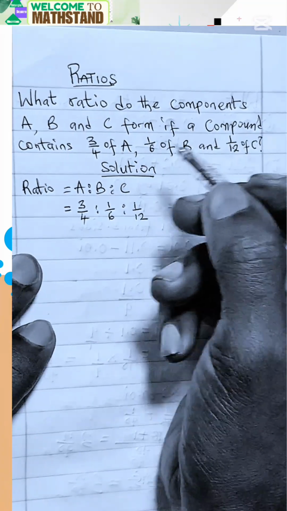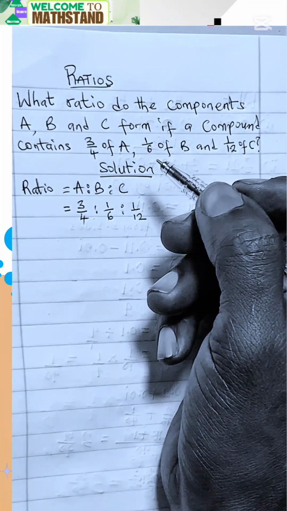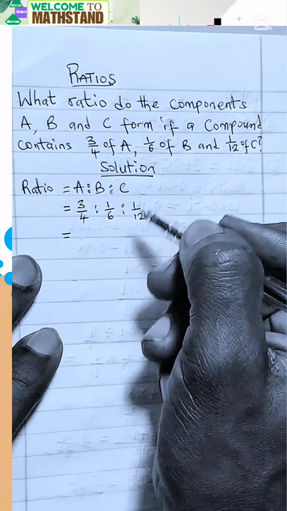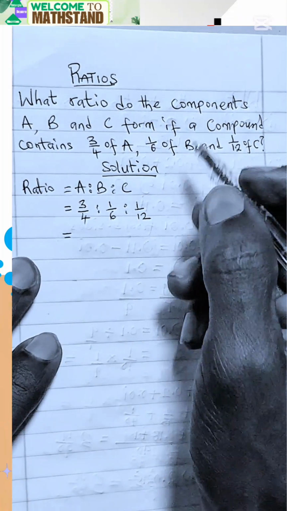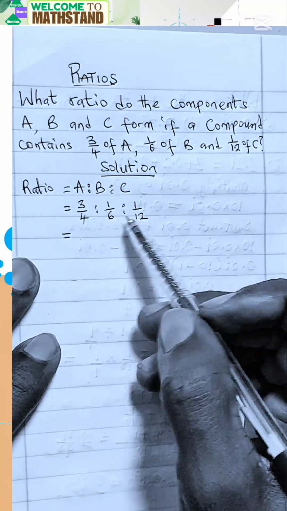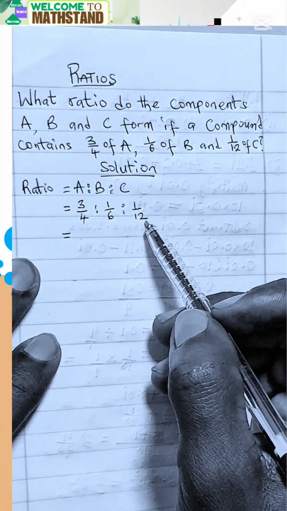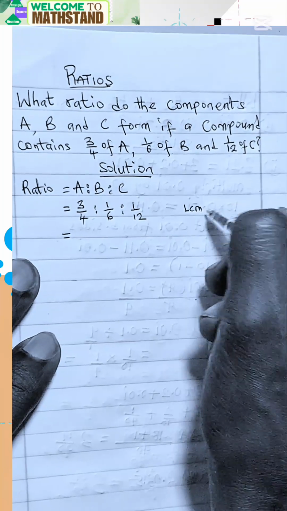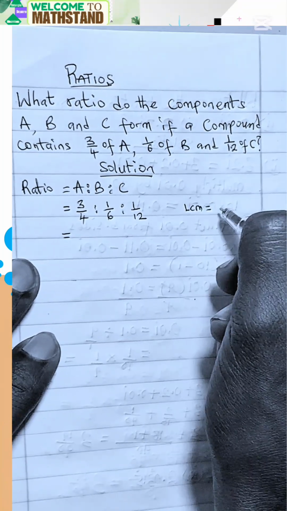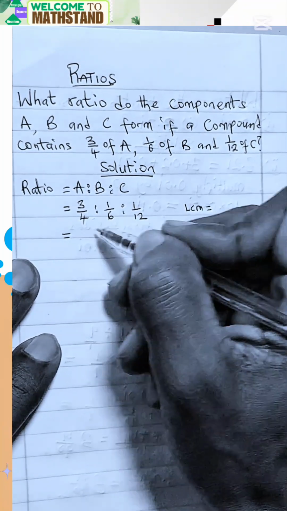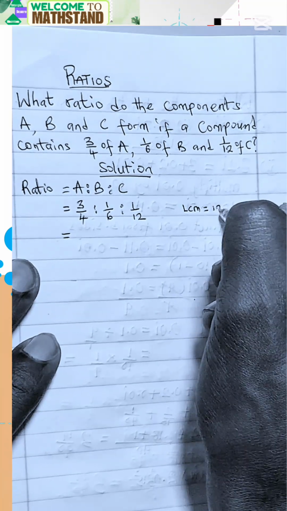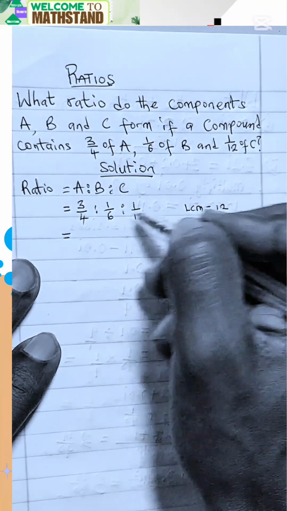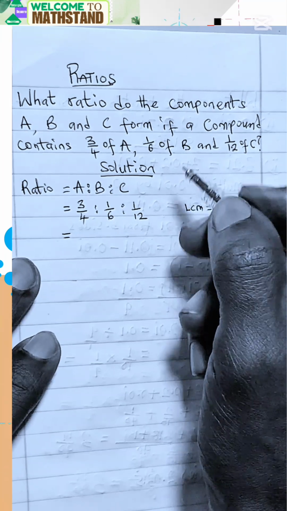So in this regard, we need to look at the LCM of the denominators. The denominators here are 4, 6, and 12. The LCM of 4, 6, and 12 is 12, because 4 is a factor of 12, and 6 is also a factor of 12. So we just end it there.